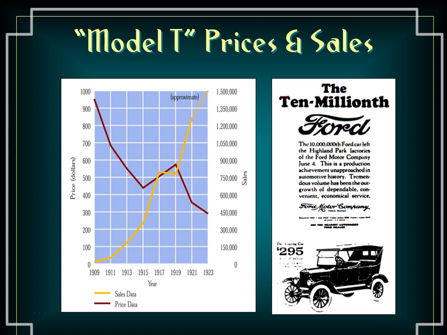Well, if we track it here and go all the way to about 1919, you can see with the sales data here, roughly about $500, and they're selling close to 900,000 cars. And the higher we go up in sales data, they're selling 1.5 million. Look how cheap the car is. And you can see the ad over here, $295 for a new car.